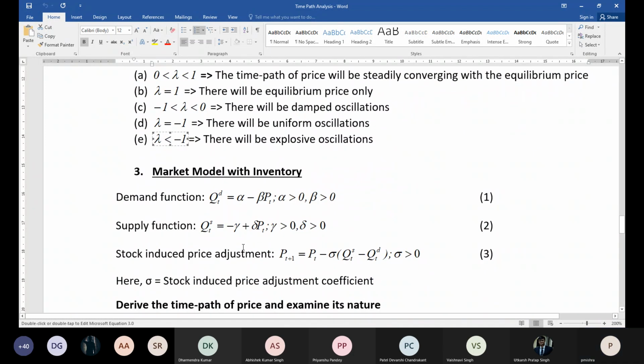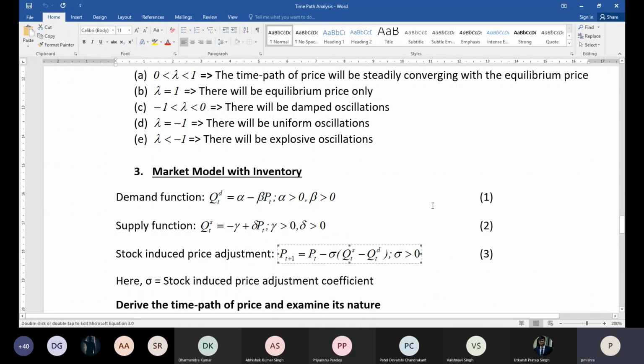Again, another possibility is inventory adjustment. I'm just giving some examples where I'm assuming that quantity demanded depends on current price, quantity supplied also depends on current price, but there may be inventory, meaning the market may not necessarily be in equilibrium.